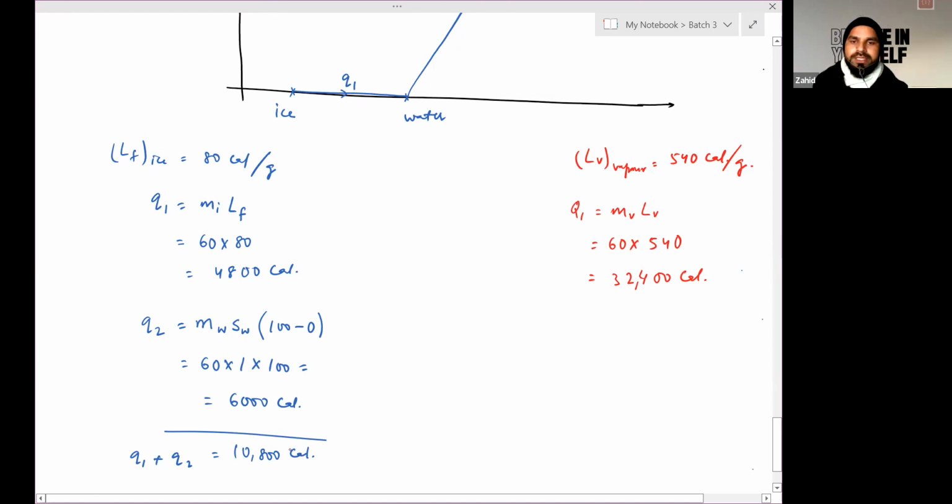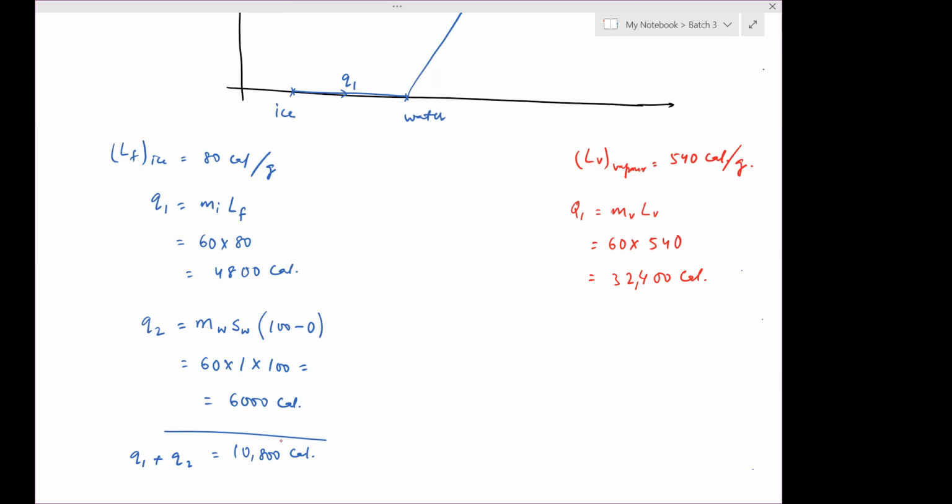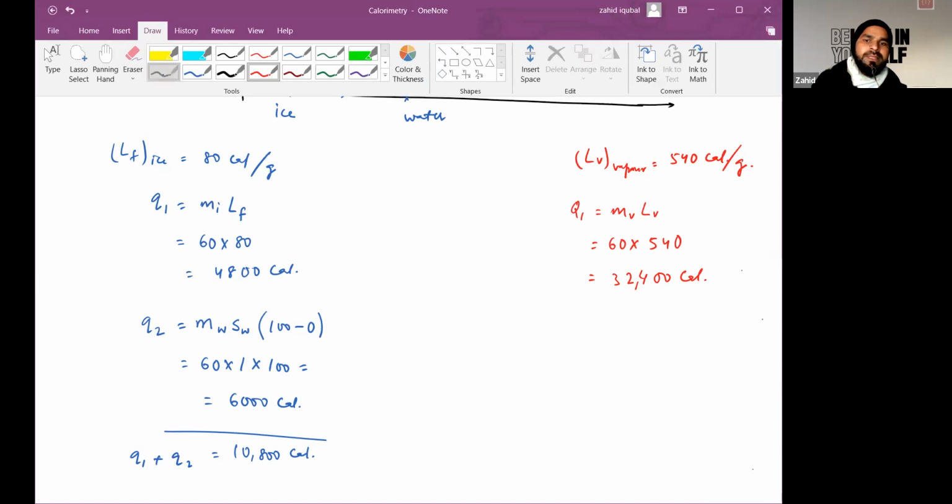So you can say we still have a large amount of heat energy left in this system. Is it clear? Yes, sir. Atif, is it clear? Yes, sir.